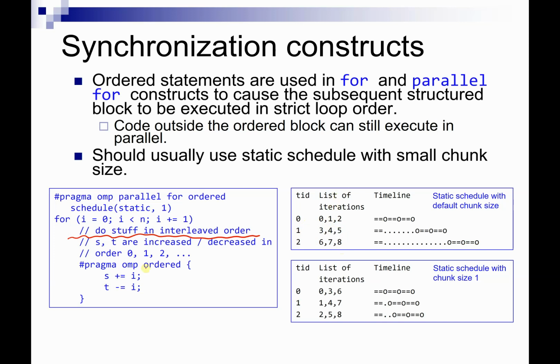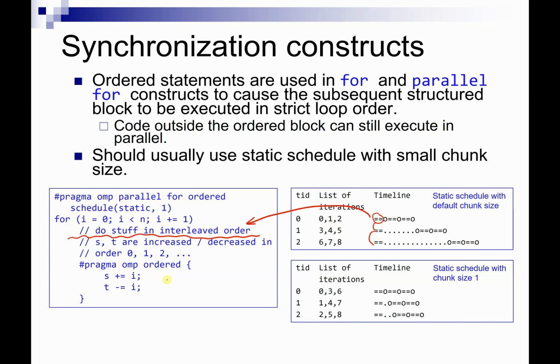Now let's see what happens when you execute this for loop, and suppose it has an ordered statement in there. Since we need to execute this ordered statement exactly in the loop order, there's a little part of this for loop, this part over here, which can be done in parallel across all the different threads.